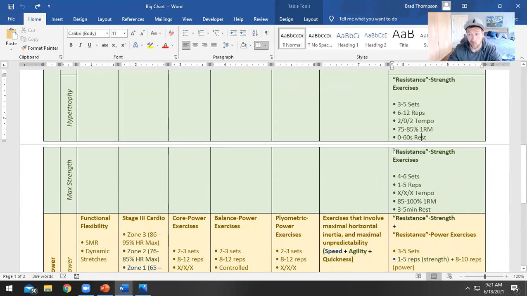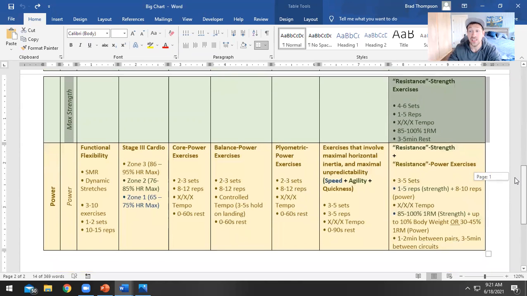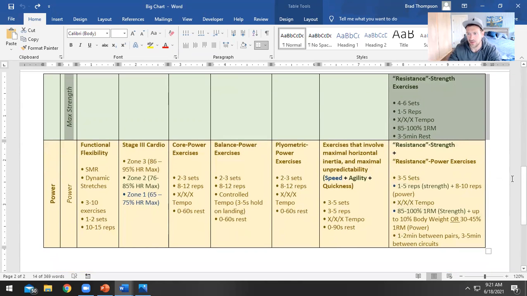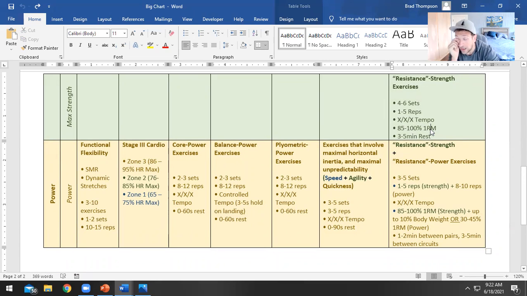Now, here's rest city. Once we get into the max strength phase, this is the highest intensity possible. High intensity requires what? Lots and lots and lots of rest. So we lift 1 to 5 repetitions at 85 to 100% of your 1 rep max. That's a lot of weight, right? We are going to take 3 to 5 minutes of rest. 5 minutes of rest, literally between sets, just you playing on your phone in the gym.